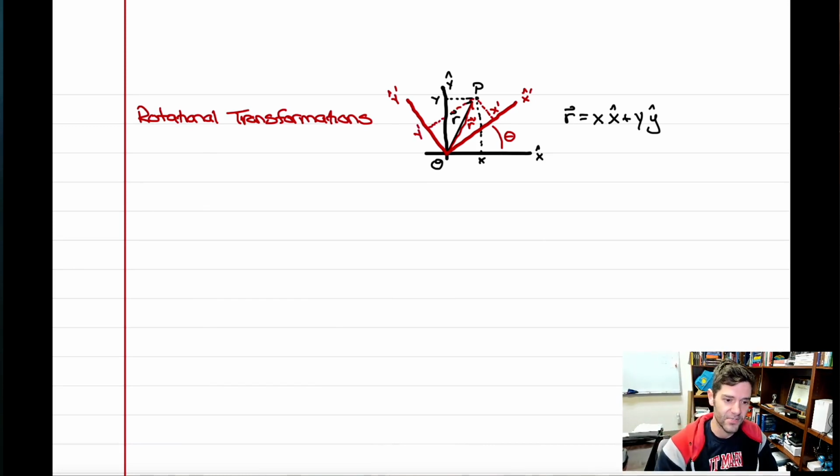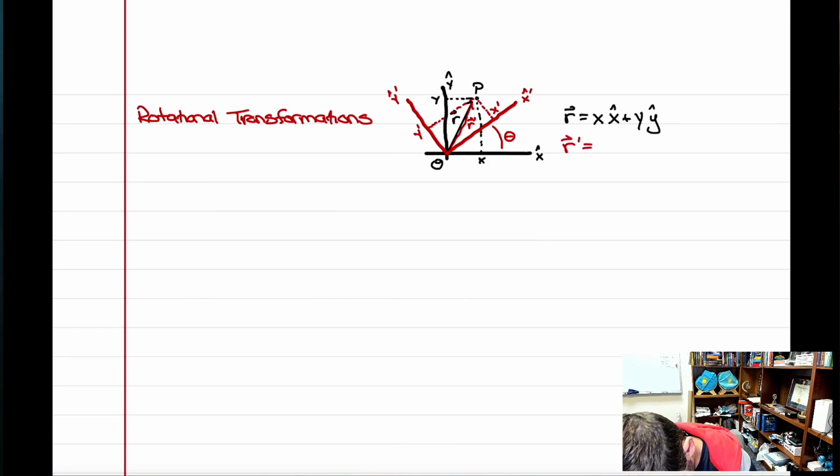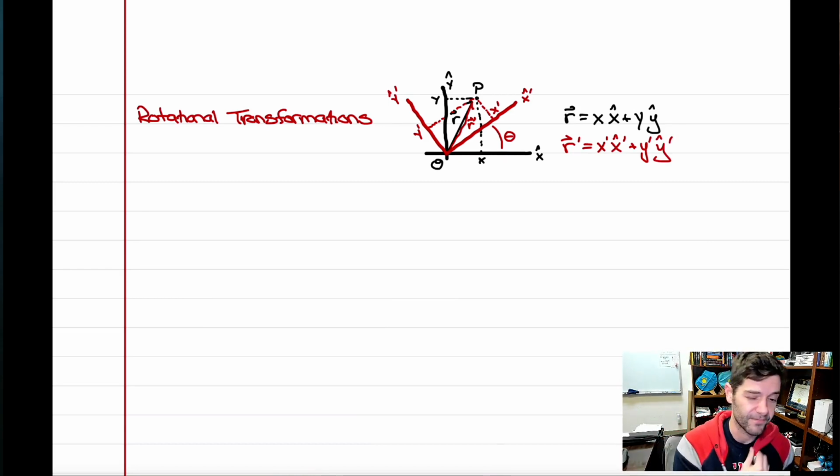Rather than saying the position is x and y, it would be x dash and y dash. So the position vector they would write down might be something like x dash in the x hat dash direction, their x direction, and then y dash in their y direction.